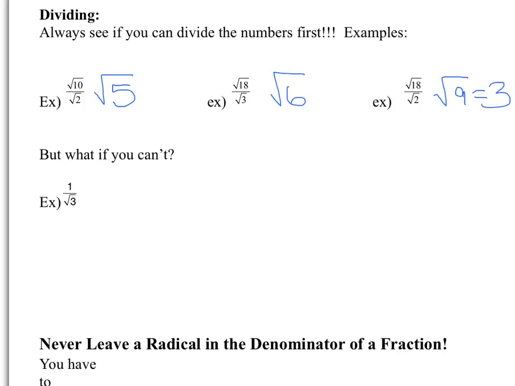All right, but what if I can't? What if I have a situation where I have 1 divided by root 3? Well, in simplest form there can never be a radical in the denominator of a fraction. You can't leave a radical in the denominator.